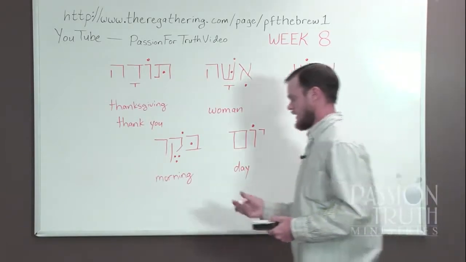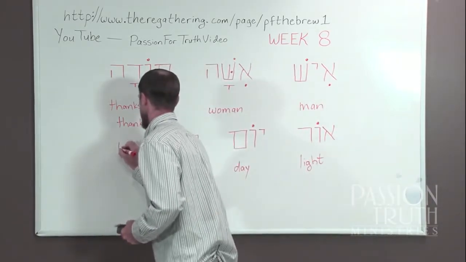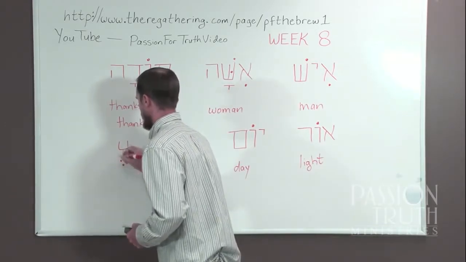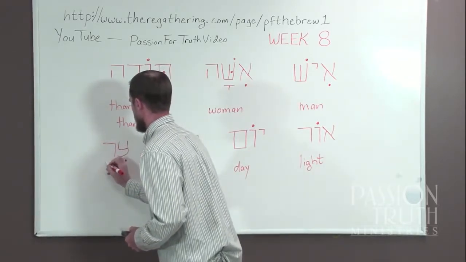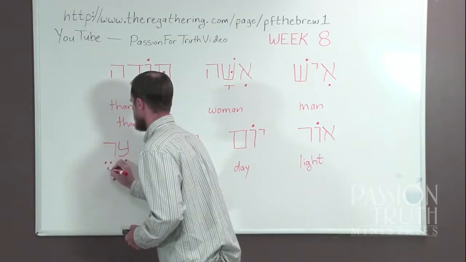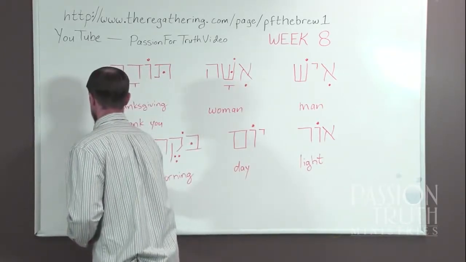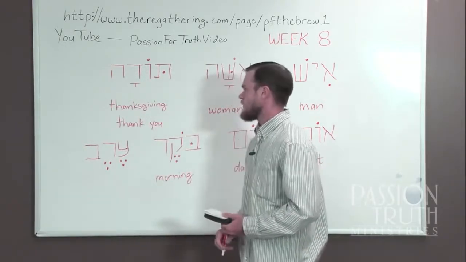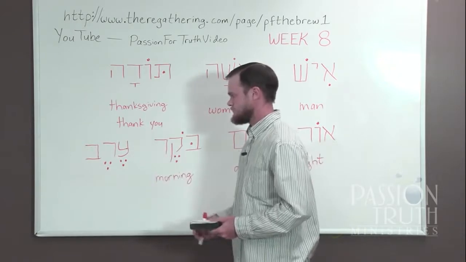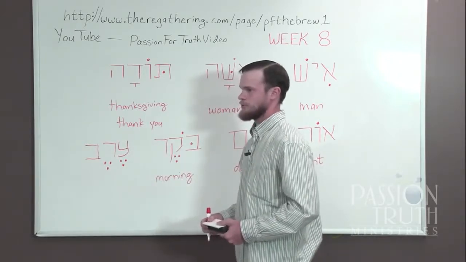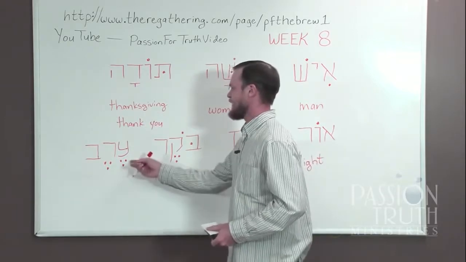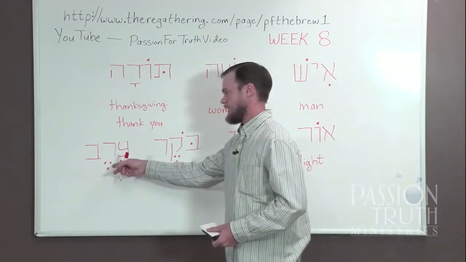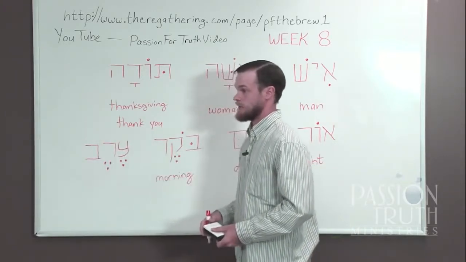And then morning's counterpart: ayin with a segol, resh with another segol, and then a beit with no dagesh. So the ayin is silent, the e of the segol, resh is re, and beit with no dagesh is a v.